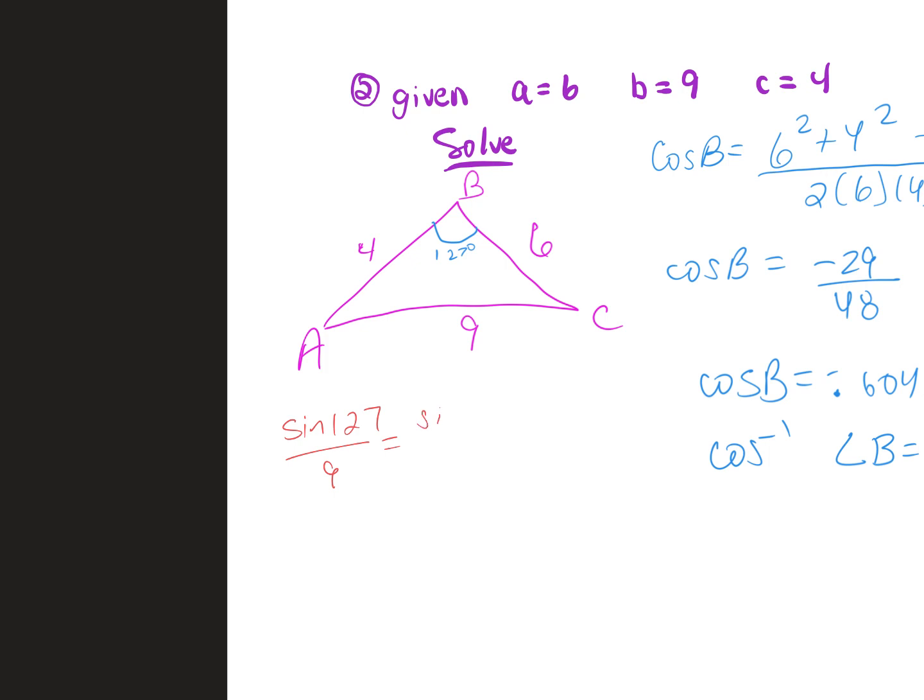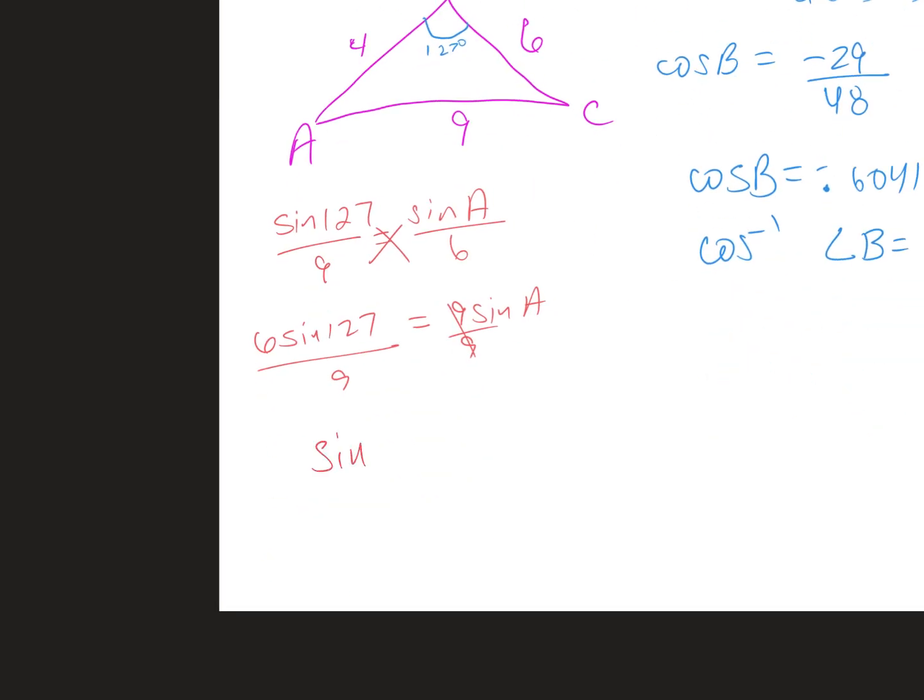So sine of A over 6. Cross multiply. So 6 times the sine of 127 equals 9 times the sine of A. Divide both sides by 9. I get the sine of A equals what? 6 sine 127 divided by 9.